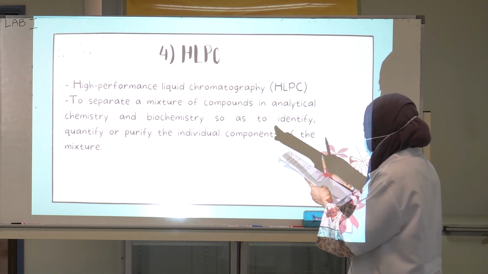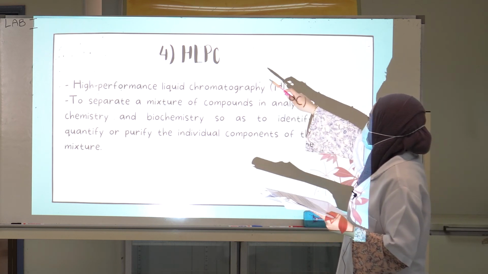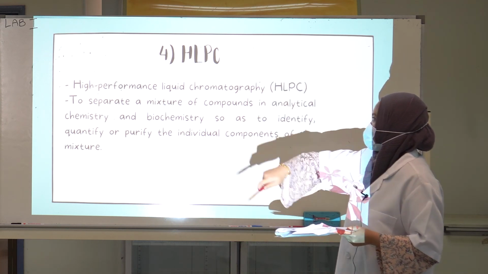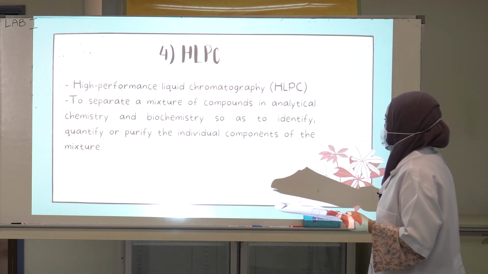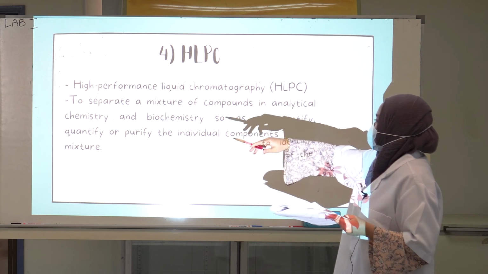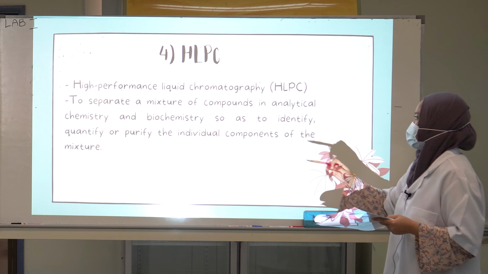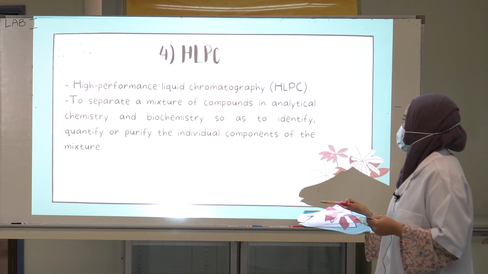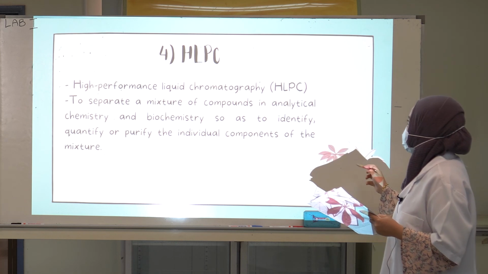There is another type of chromatography technique which is HPLC. It stands for High Performance Liquid Chromatography. This technique is used to separate a mixture of compounds in analytical chemistry and biochemistry, so as to identify and quantify or purify the individual components of the mixture.